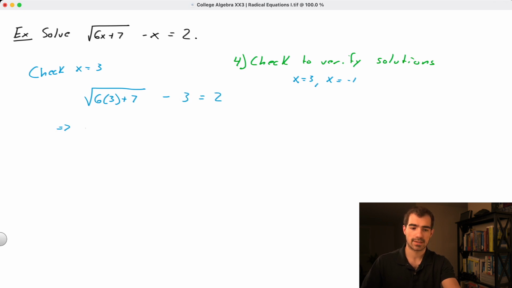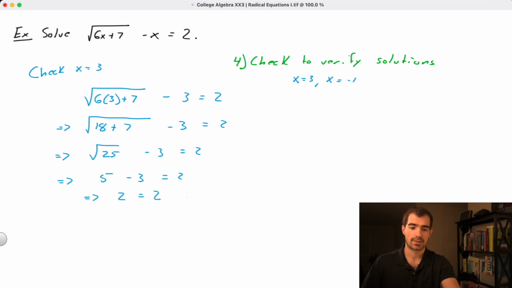If we multiply 6 and 3 here, we'll get 18 plus 7 minus 3 equal to 2. If we add 18 and 7, we'll get 25 minus 3 equal to 2. If we take the square root of 25, that gives us 5 minus 3 equal to 2. And of course, that does indeed equal 2. And so since we have a true statement at the end, we can confirm that 3 is in fact a solution.